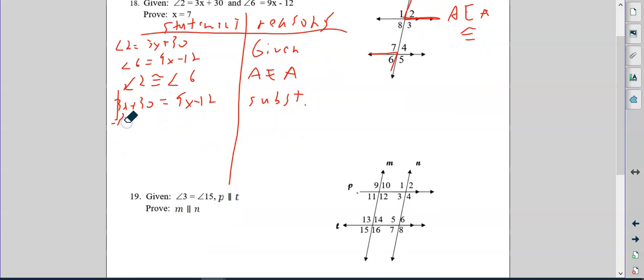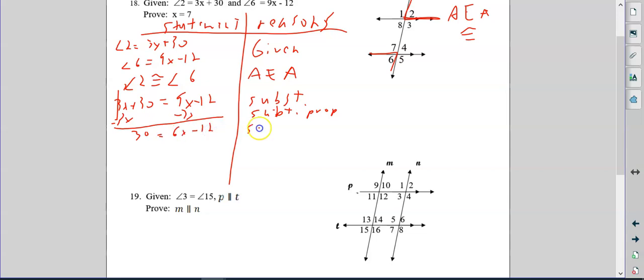So I'm going to subtract 3x, and I'm going to say subtraction property. And that gives me 30 equals 9x minus 3x is 6x minus 12.